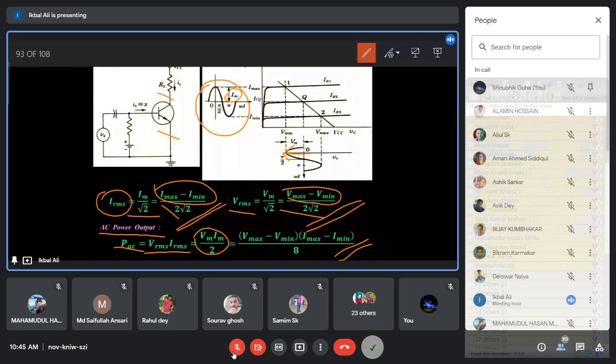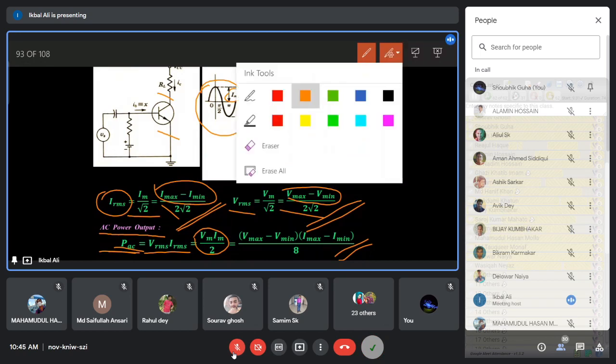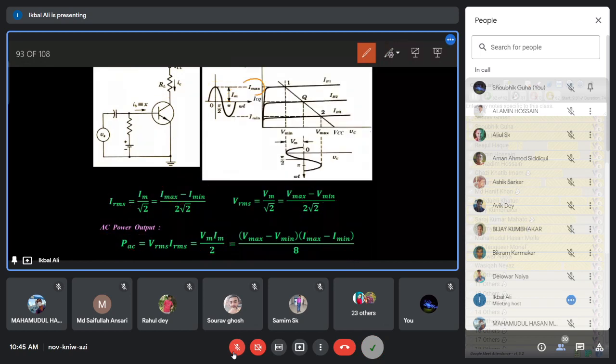So with this graphical analysis, it is very easy to calculate the AC power generated by this transistor. In the case of a class A amplifier, the formula is PAC equal to Vmax minus Vmin, Imax minus Imin by 8. You only need to draw the characteristics and load line and find these coordinates: Imax, Imin, Vmax, Vmin.